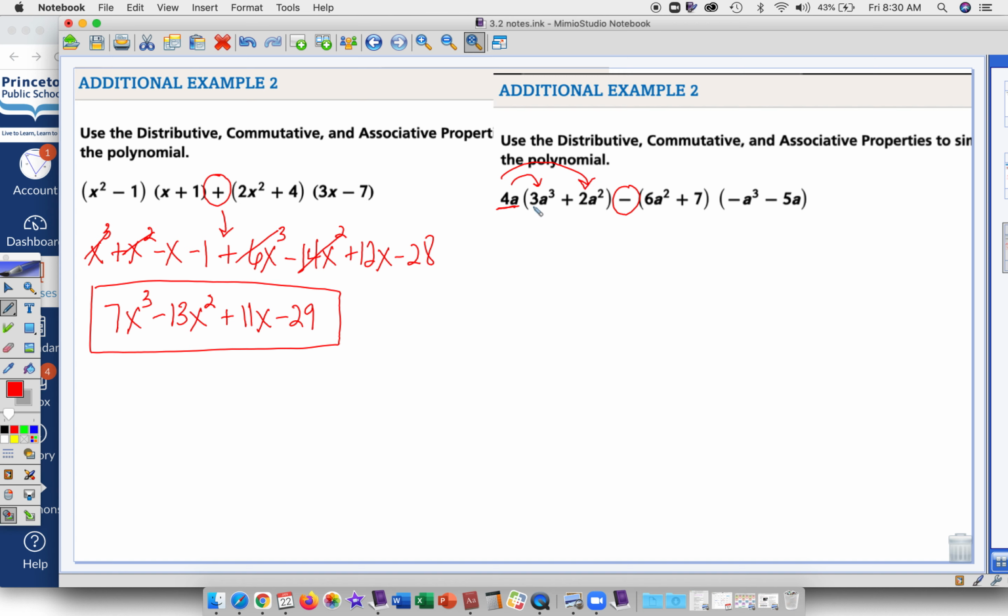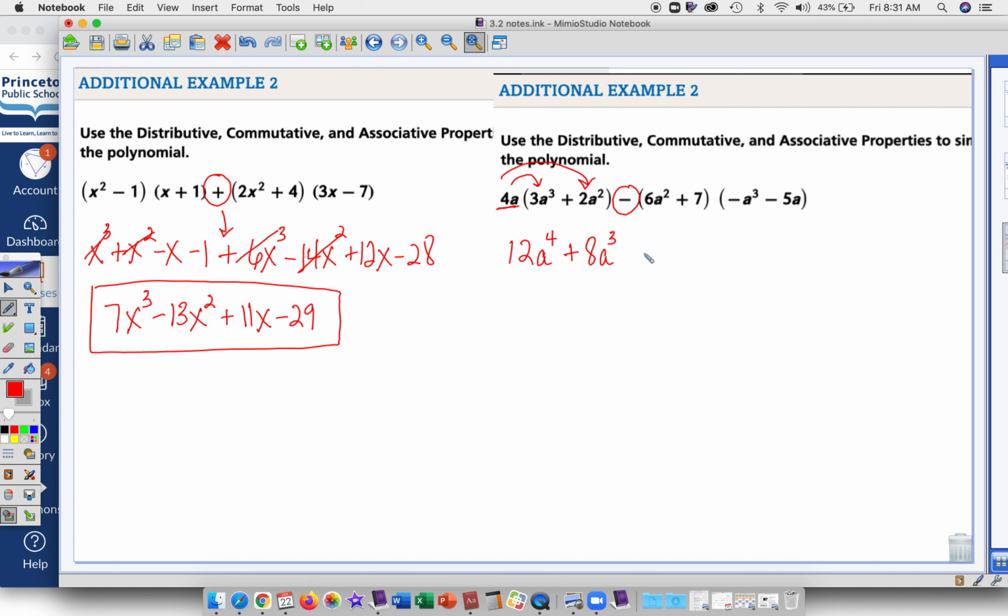So 4a times 3a cubed, 4 times 3 is 12. A times a cubed gives me an a to the fourth. Right? Remember, we're adding exponents when we multiply like bases. 4a times 2a squared gives me a positive 8a cubed.